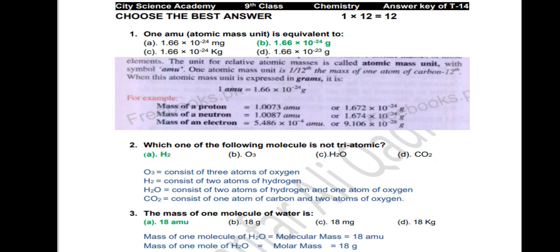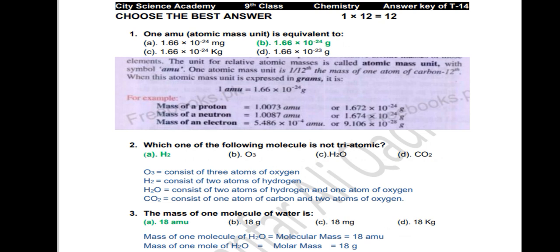You have to remember that one atomic mass unit is equal to 1.66 × 10^-24 gram. So option B will be correct. Here you can see the mass of proton, mass of neutron, and mass of electron in atomic mass unit, and then they are converted into grams.